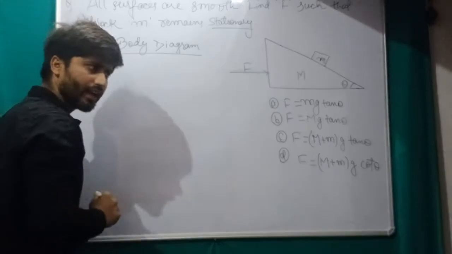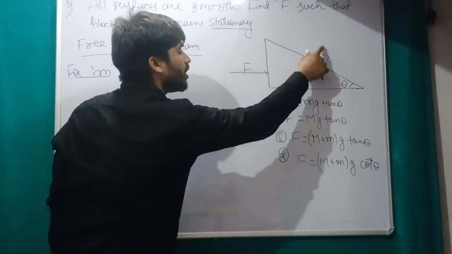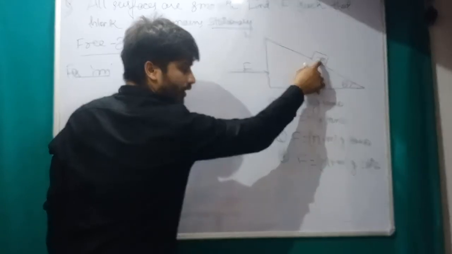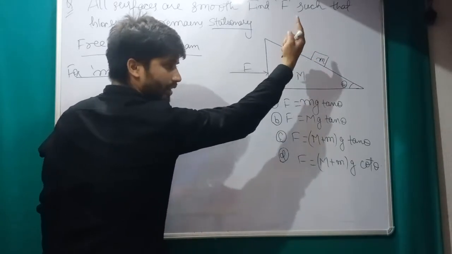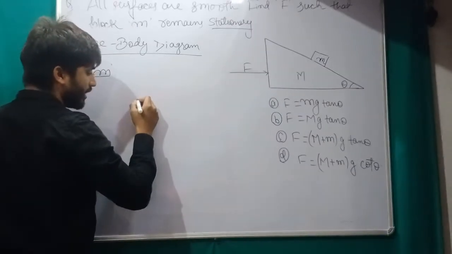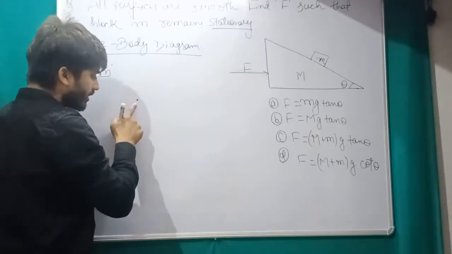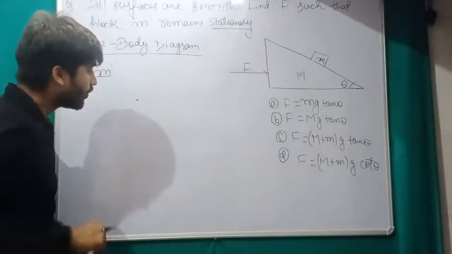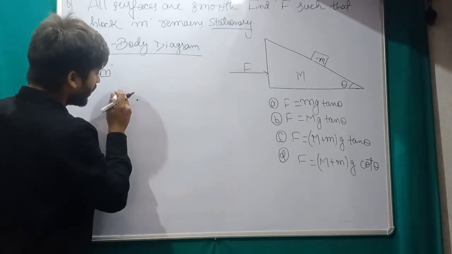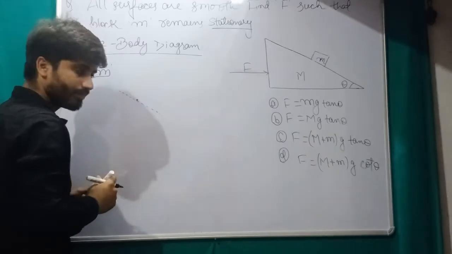What is a free body diagram? We assume this mass, small m, to be concentrated at a single point. This is small m, and it is on the surface here.